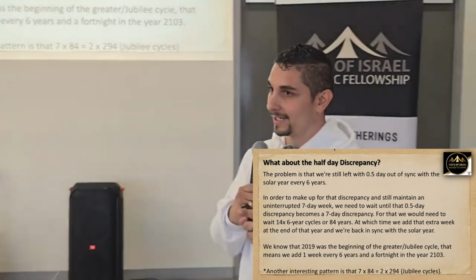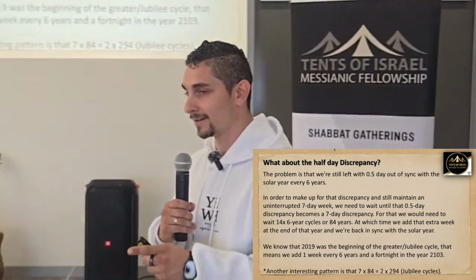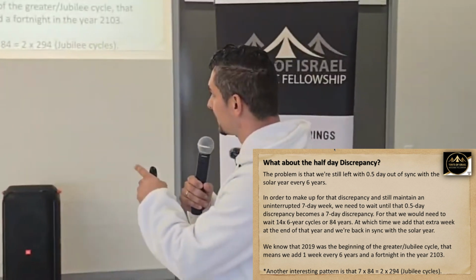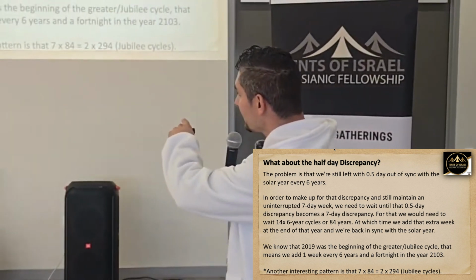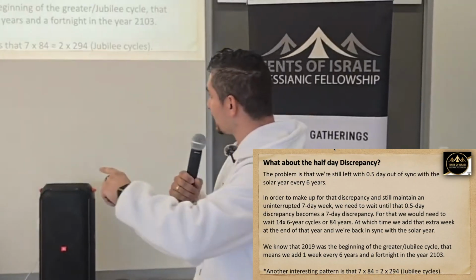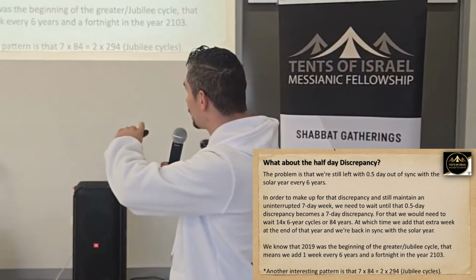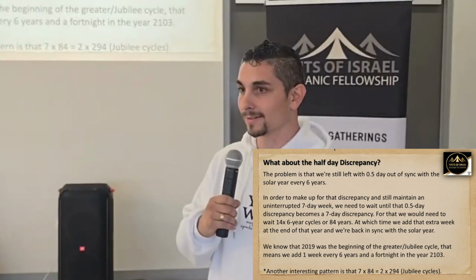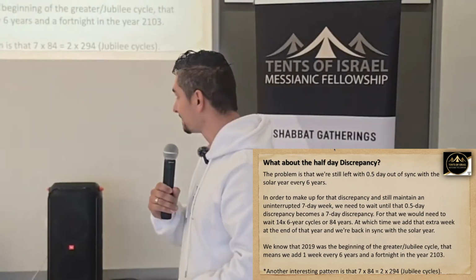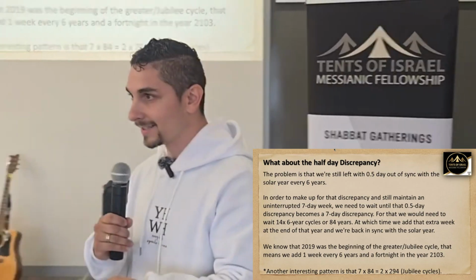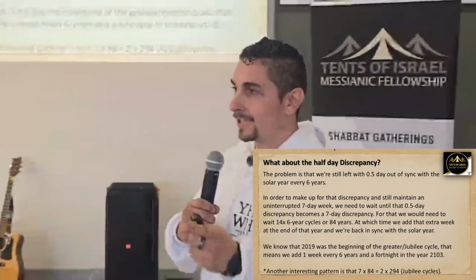Now, a really interesting pattern that I found calculating all this is that 7 lots of the 84 years is the same number as 2 of the Jubilee cycles. So basically, you can do this on the calculator.